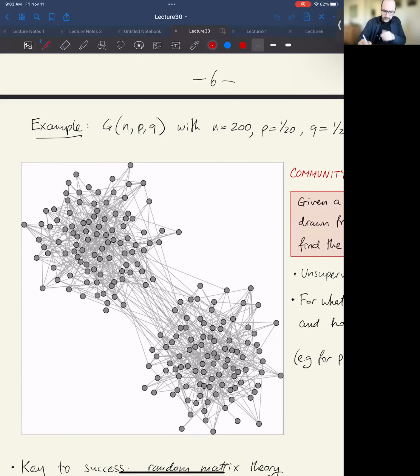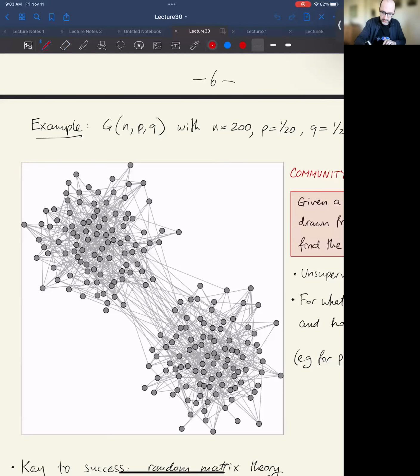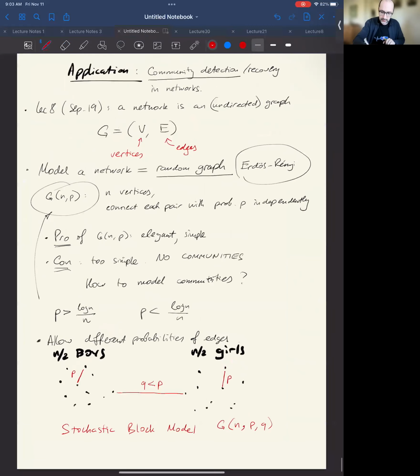This model where Q is less than P makes fewer connections across communities than within communities, right? But we could do the opposite. We could make Q much larger than P.